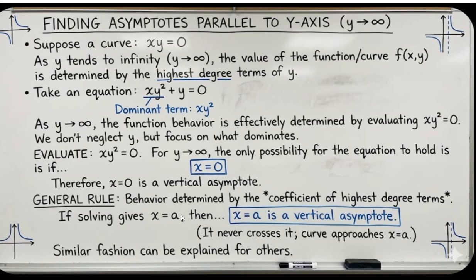The general rule is to arrange the equation in terms of powers of y, take the coefficient of the highest degree term of y, set it equal to 0 and solve. That gives the vertical asymptote, or the asymptote parallel to the y-axis. This is how you can solve it.